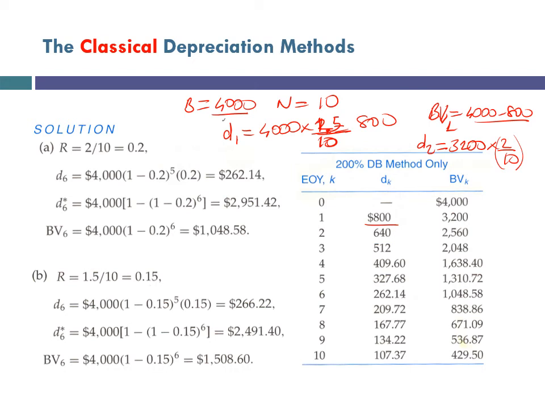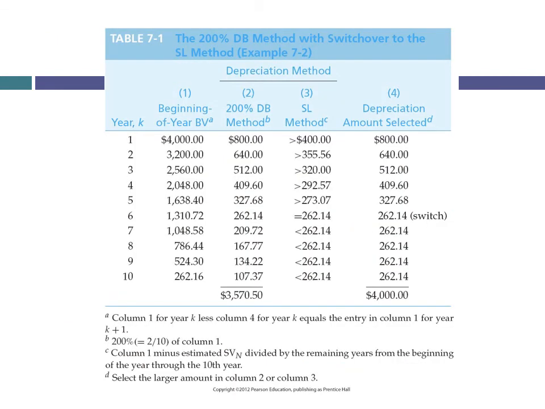It means you multiply by 0.15, and instead of 800 it will be 600. So the first value will be 600 and this book value will be 3400. Then you multiply this by 0.15 to calculate the next value, and so on.